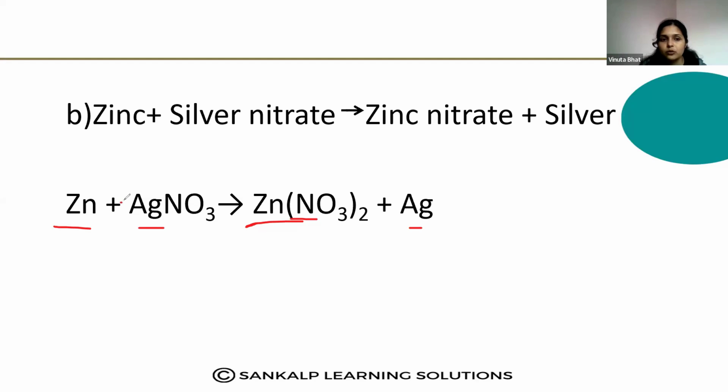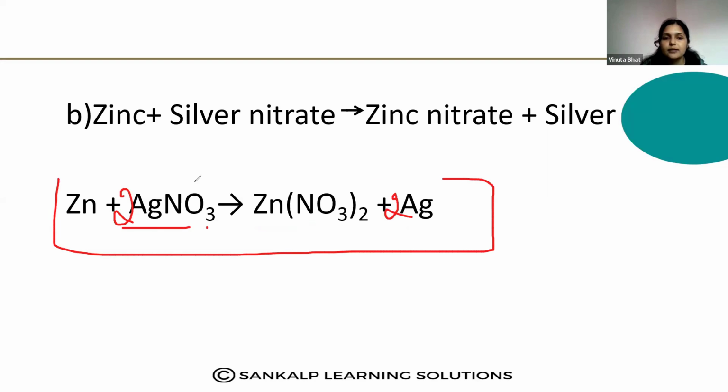So I will add the 2 here to balance this reaction. 2 AgNO3, 2 nitrate plus 6 oxygen. Here also 2 nitrate plus 6 oxygen. But Ag, again I will add 2 here. So now it is balanced. Now it is the balanced chemical equation.